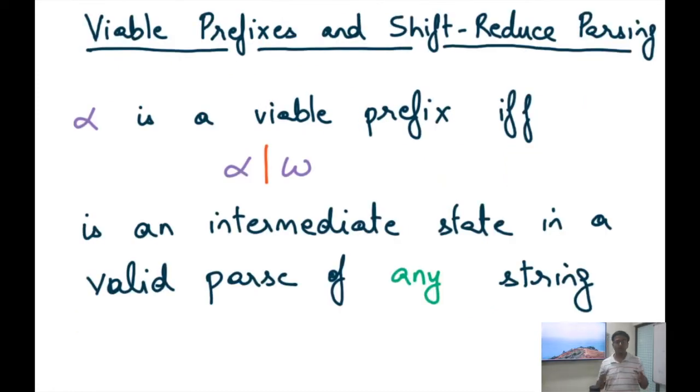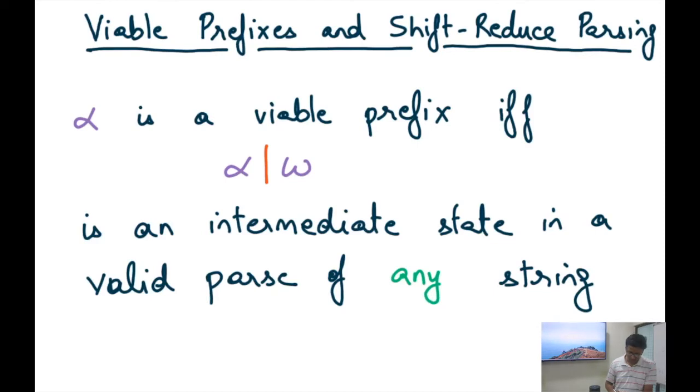If I look at viable prefixes in relation to shift-reduce parsing, so far I have defined viable prefixes by how they appear in a rightmost derivation. But recall that a shift-reduce parsing sequence of steps is nothing but a rightmost derivation in reverse. So I can even define viable prefixes in relation to shift-reduce parsing as follows.